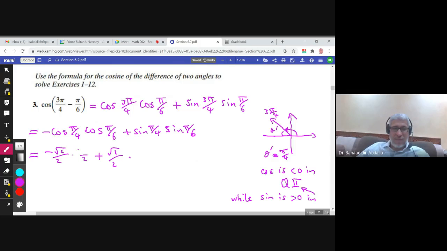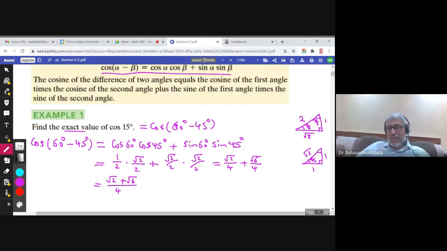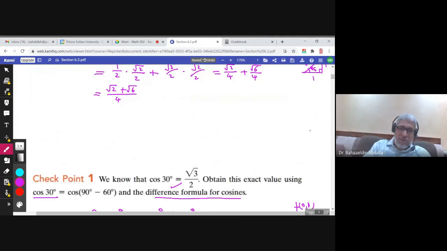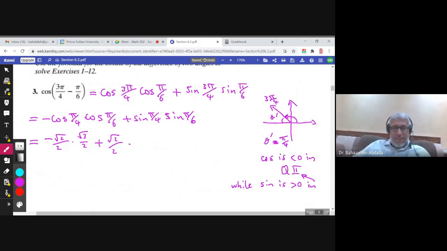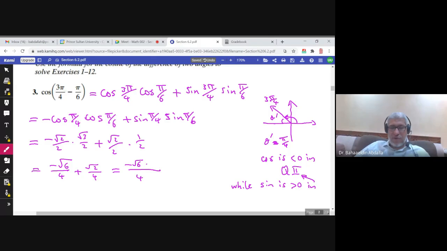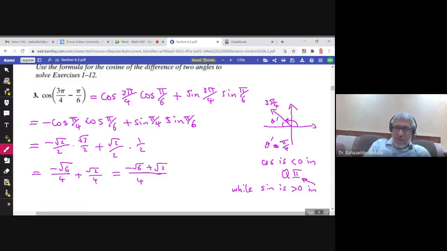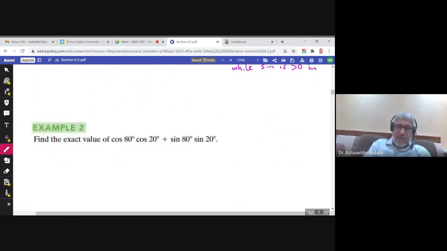Cosine pi over 6 is square root of 3 over 2. This is pi over 6, and cosine pi over 6 is square root of 3 over 2. Sine pi over 6 is half. So the answer would be, multiplying, negative square root of 6 over 4 plus square root of 2 over 4. Adding, the answer is negative square root of 6 plus square root of 2 over 4. So this is cosine of 3 pi over 4 minus pi over 6.